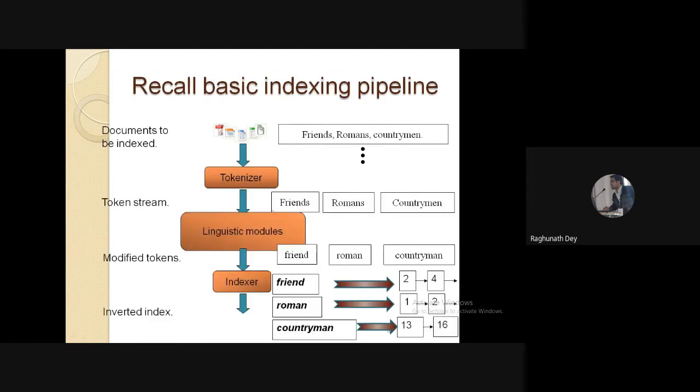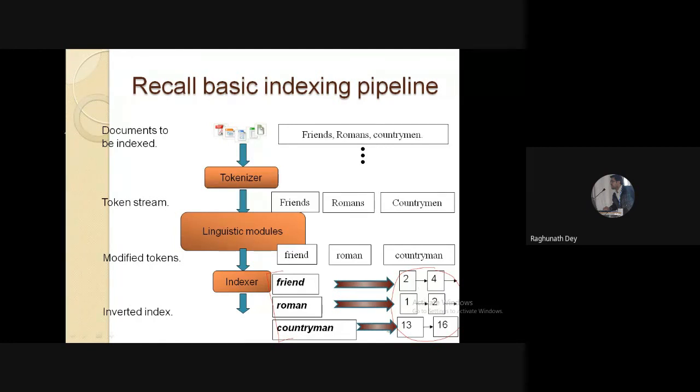I think this particular figure will be remembered by you, because this thing we have already discussed, but we are concentrating on this particular dictionary. This was a dictionary where we used to put the terms as well as the posting list. This is the posting list, where that particular term may exist: document ID 2, document ID 4, like that.